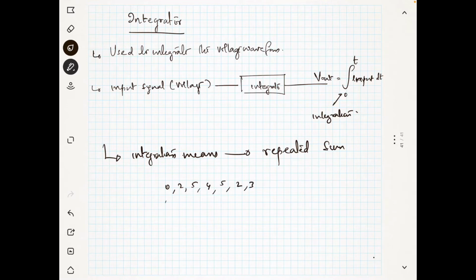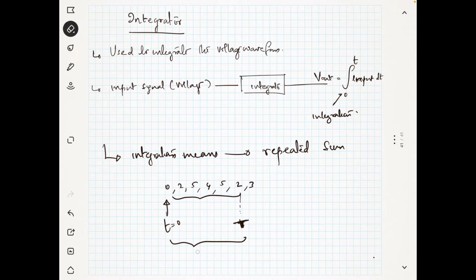Suppose you are integrating from t equal to 0 to some time t equal to capital T. Then the integral from 0 to t is nothing but the sum of all the values from 0 to t.